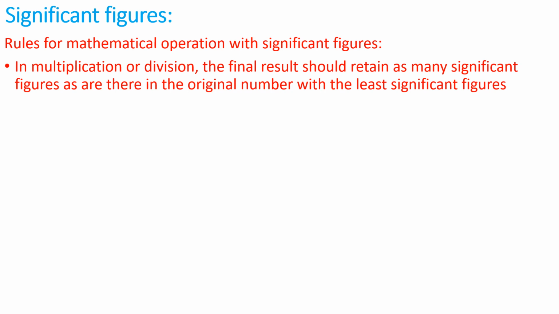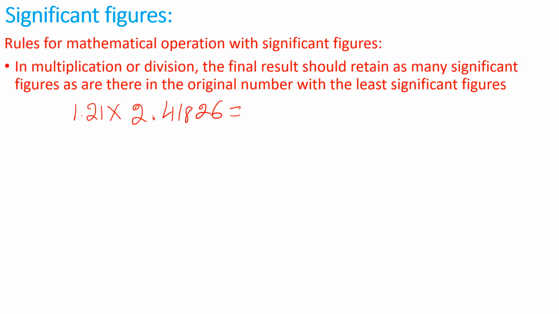What does it imply? What is the meaning of this? Let us assume a number, say for example, 1.21. I will multiply this number 1.21 with 2.41826.